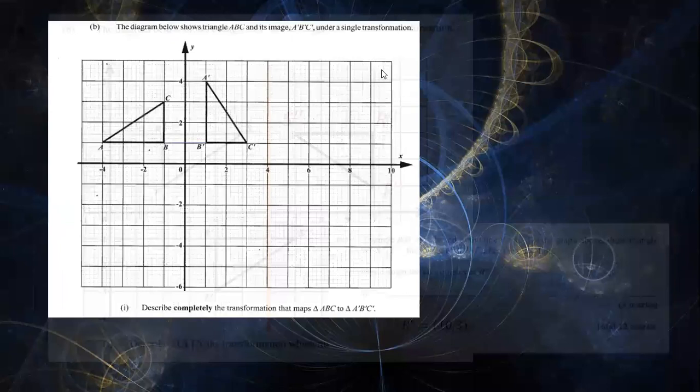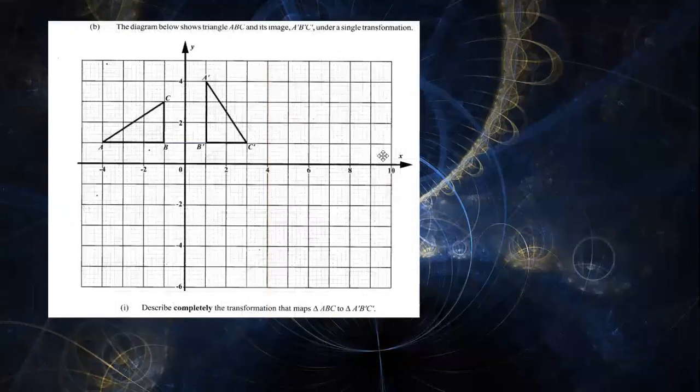Let's continue. So in this case, what is the answer? The diagram below shows the triangle ABC and its image A prime, B prime, C prime under a single transformation. If you look carefully, it appears as if this triangle is being pushed in that direction, right?